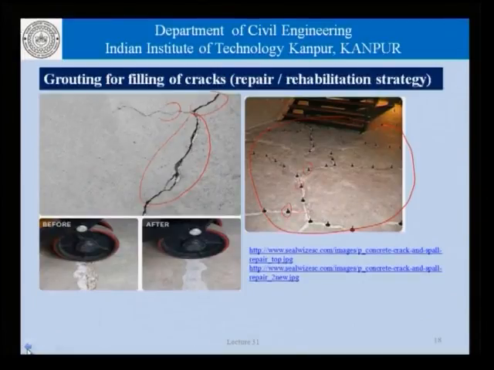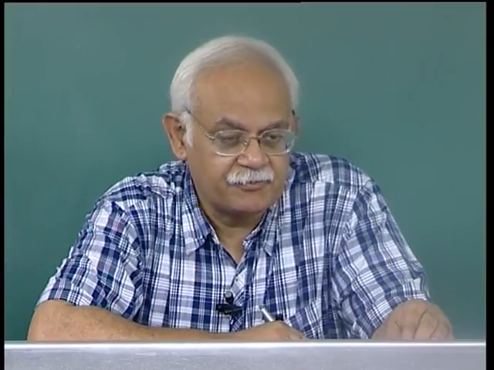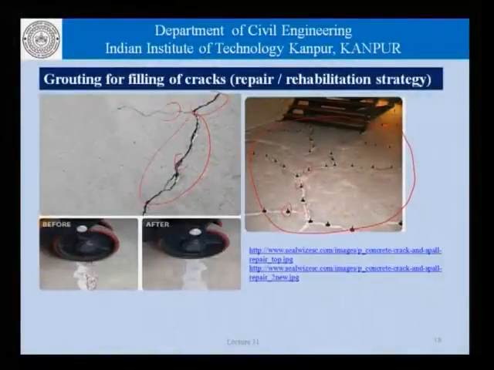Obviously, in this case as well, depending on the width of the cracks, we would need to have different specifications for the flowability of the grouts that we can deal with. A grout which is good to flow into a crack width of this magnitude will not suffice if we are trying to fill cracks of this magnitude.